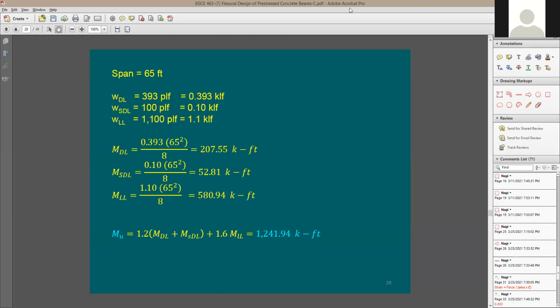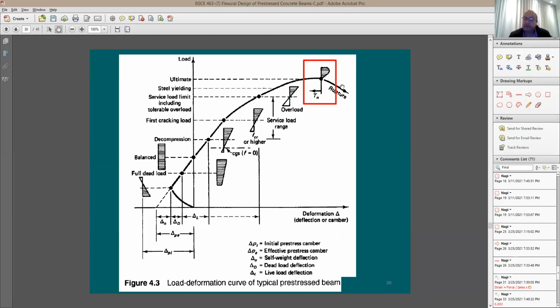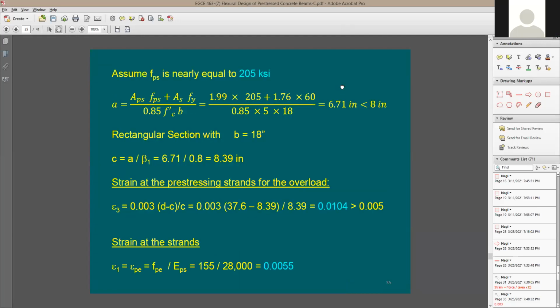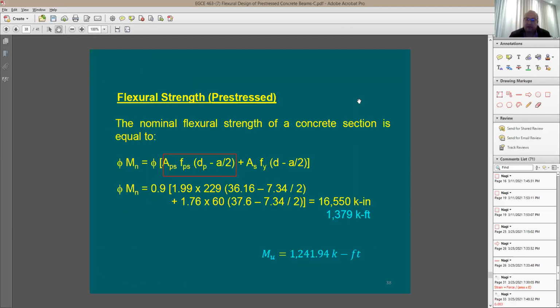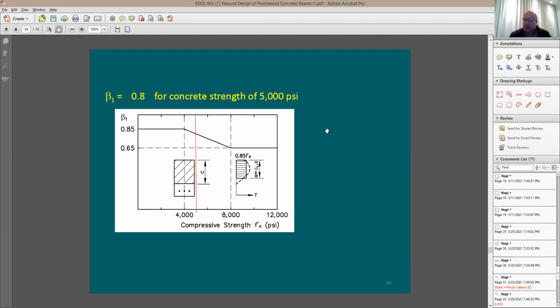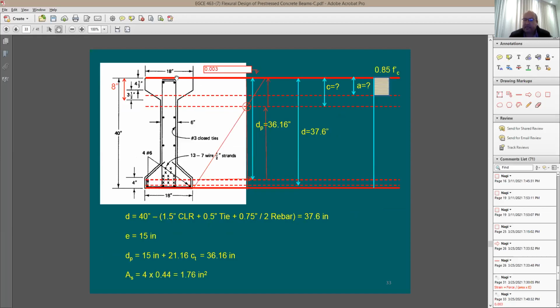Yes, Professor. On the phi Mn equation, why is the a 7.34 where on the previous slide it says it's 6.71? I'll tell you the reason. This 7.34, if you remember this discussion that I said, this 6.71, what's going to happen when you use the actual width? What's going to happen to the a value?